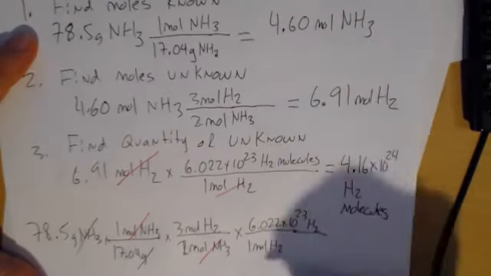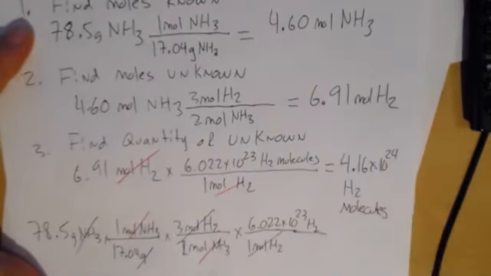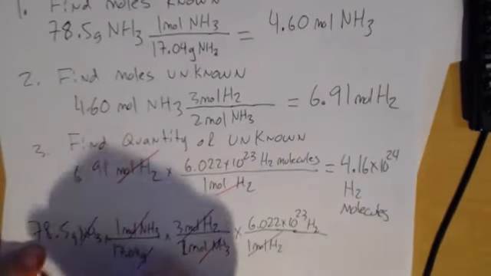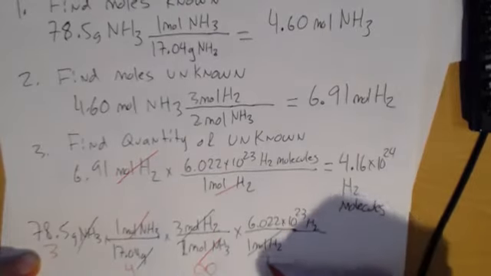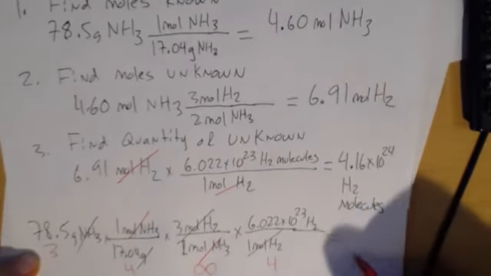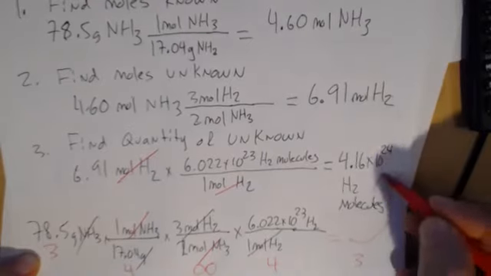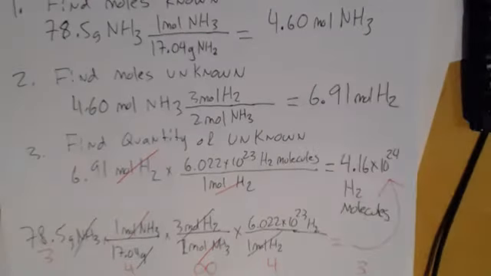And in that case, moles of hydrogen cancel. And if I look at the sig figs, it's 3, 4, infinity, 4. So my answer had 3. And it should be the same as that. You can check that with yourself.